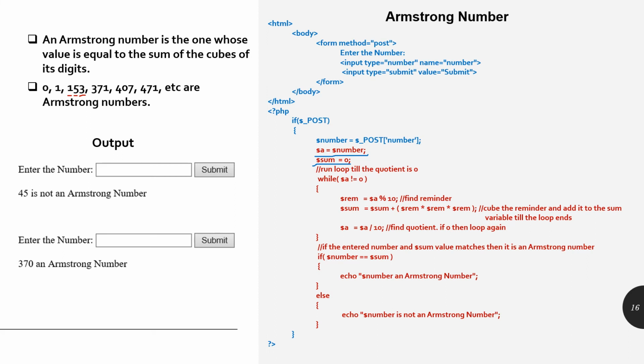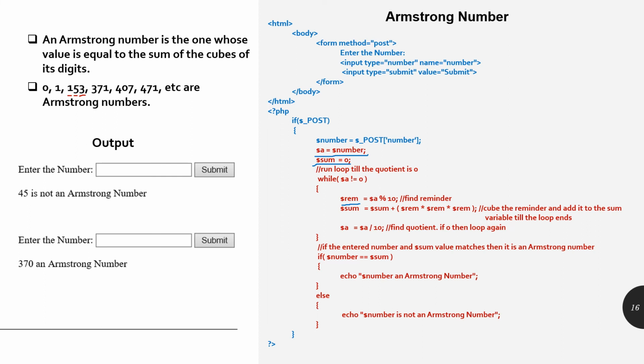The loop will check: 153 is not equal to 0. Yes, 153 is not equal to 0. Now 153 mod 10. What is that? Now 3 is available in this variable. That is the remainder.